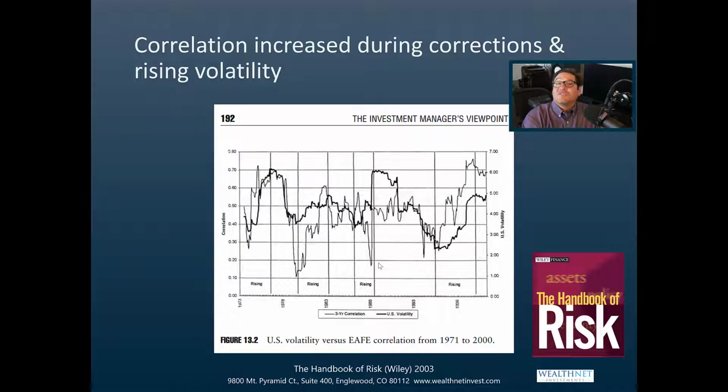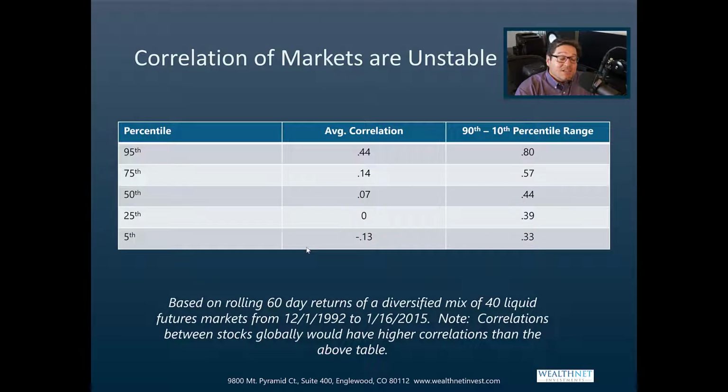What's interesting is that these types of correlations and effects still exist today. When volatility is increasing, so is correlation, and when it's decreasing, correlation is decreasing. So they're related to each other, and that generally is not good from a diversification standpoint, in particular with equities.